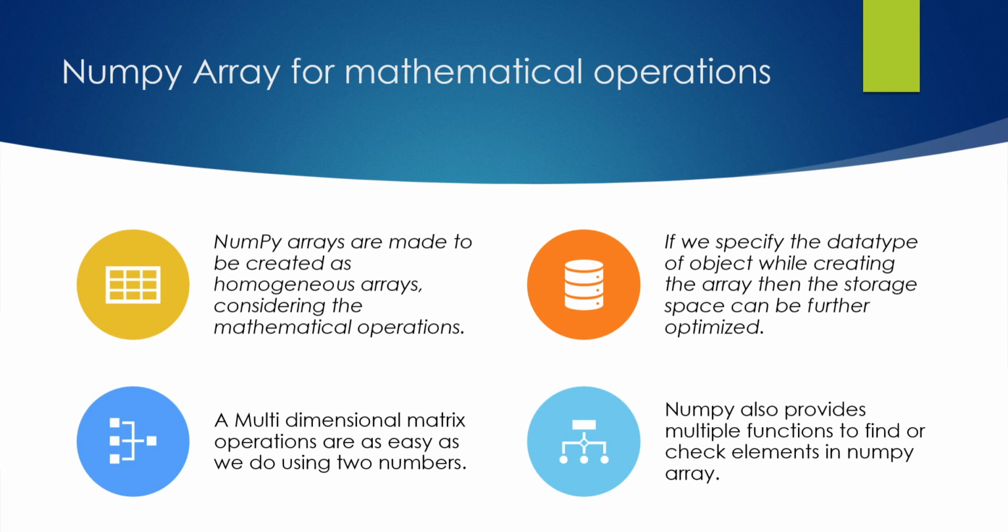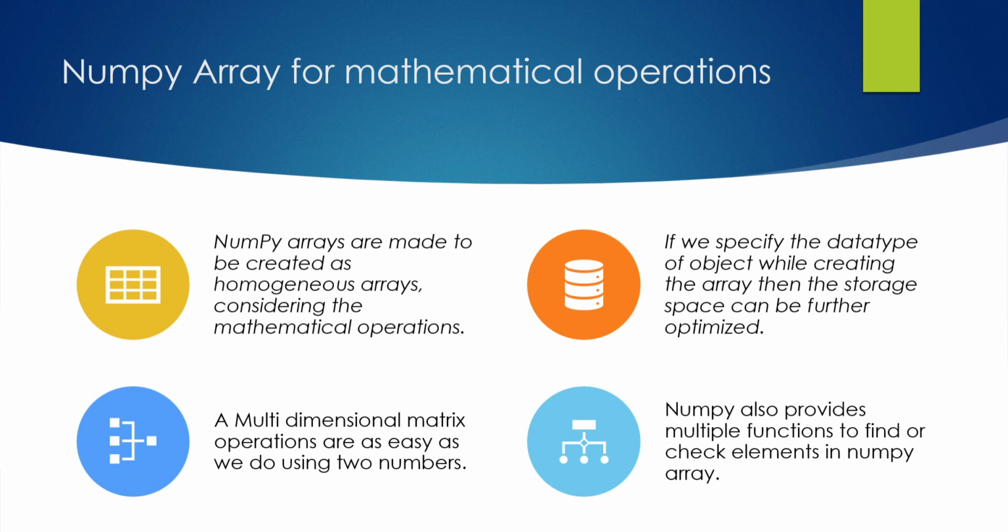Okay, and that's the reason that a Python list does not have any mathematical function like multiply or divide, in which they can just pass any argument and we can manipulate the list or the collection.